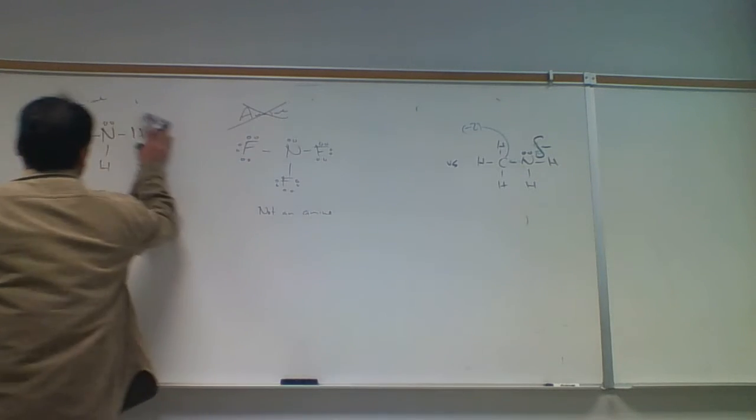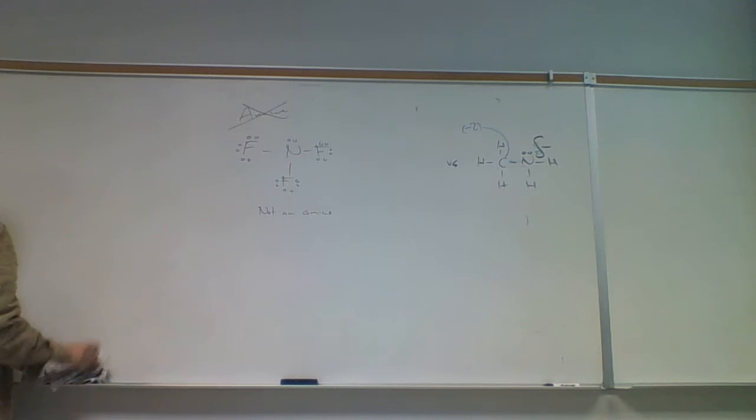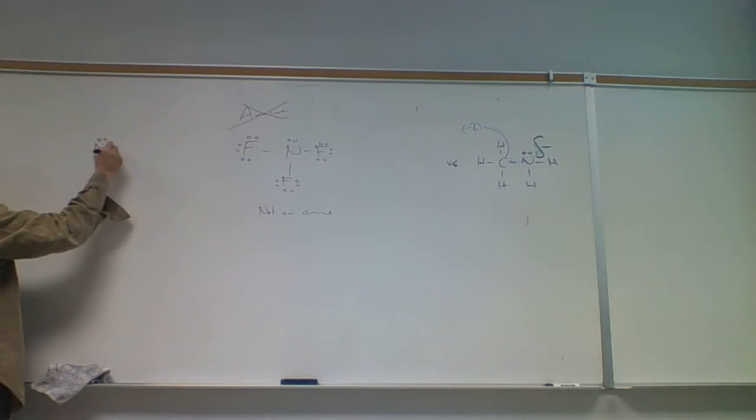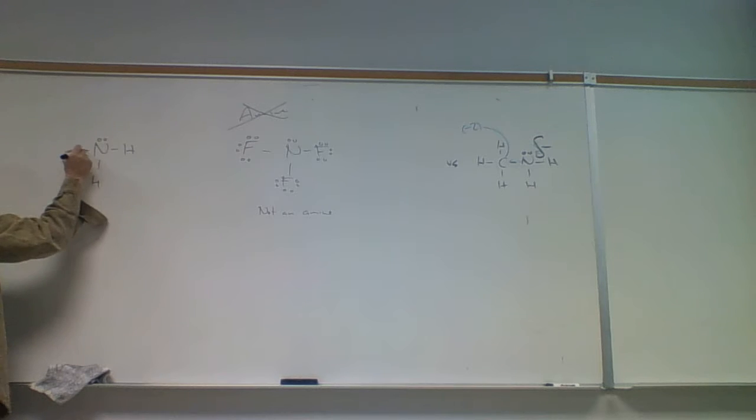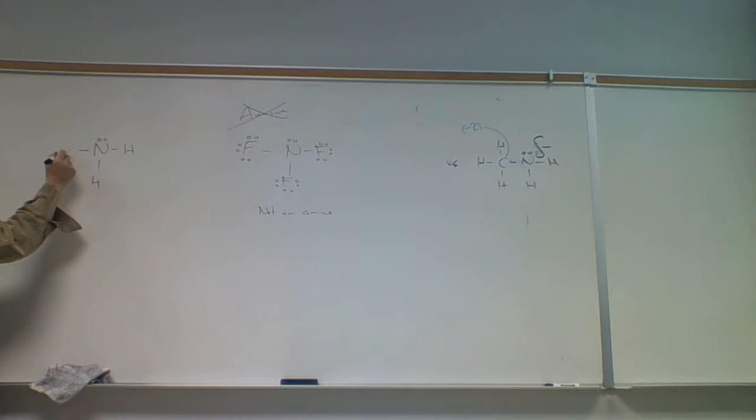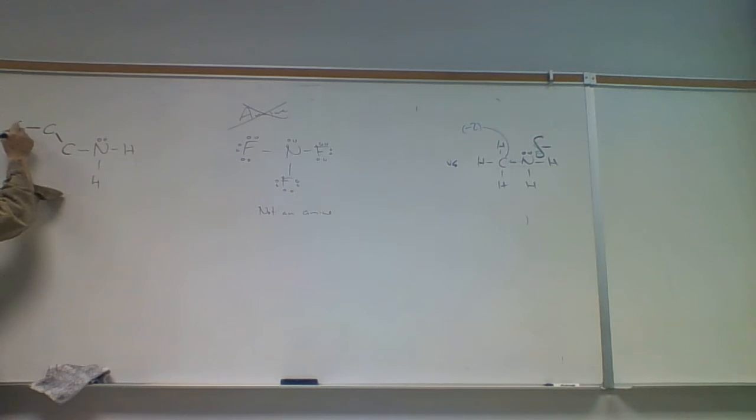When we go to aniline, aniline is the common name for this, but essentially it's ammonia. And on this ammonia, we're going to stick a C6H5 group. The C6H5 group looks like this: 6 carbons in a ring, and you've got the 5 hydrogens.